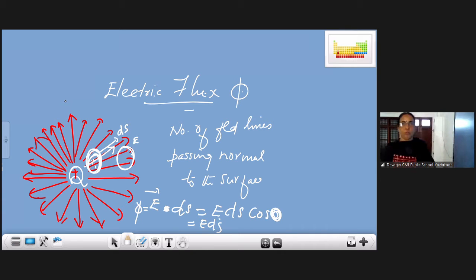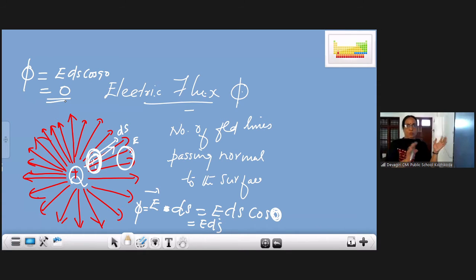This is what I told you when you throw chocolates in this direction: electric field lines coming and area vector ds are parallel or anti-parallel, whatever it is, I get maximum flux. If I keep it like this, the area vector is like this, chocolates are coming in this direction, so the angle between them is 90 degrees and the electric flux becomes 0.